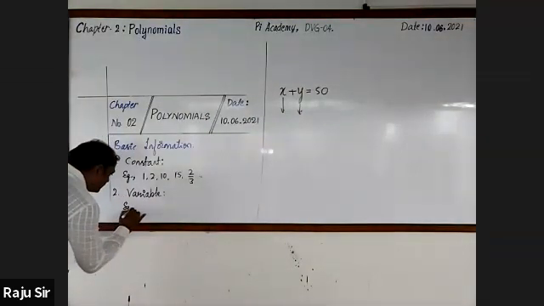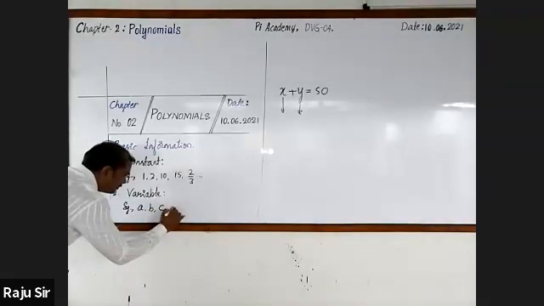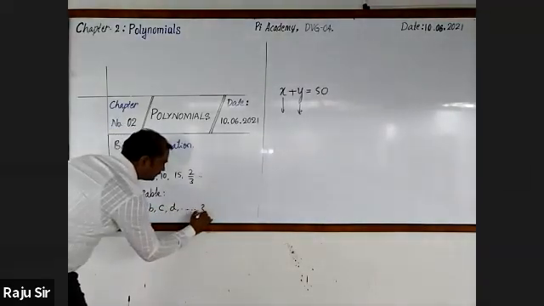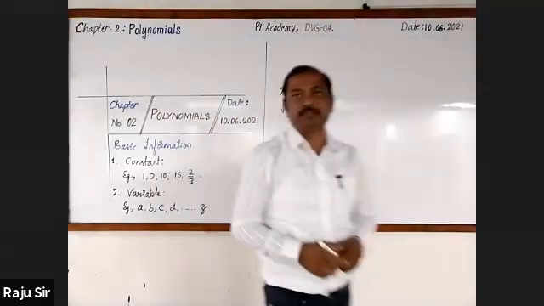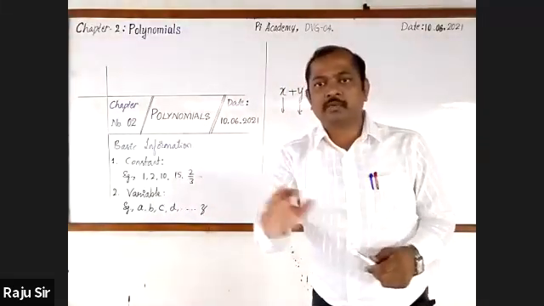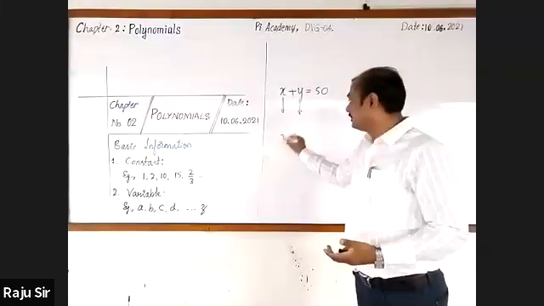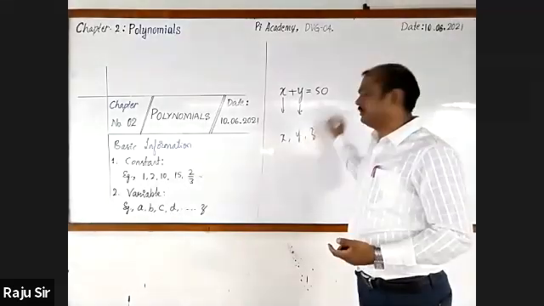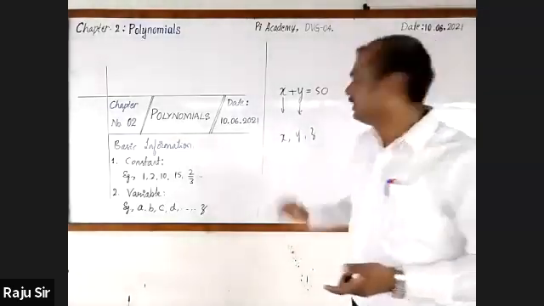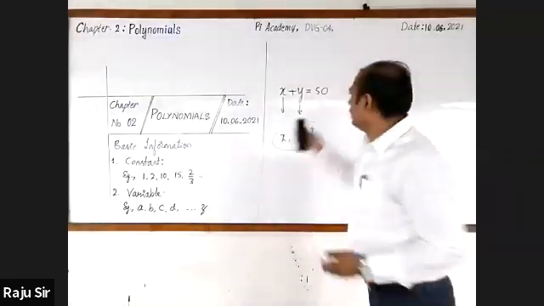Here I write for example a, b, small c, small d, and so on up to z. But the most commonly used letters for representing variables are p, x, y, and many times we use these as variables.